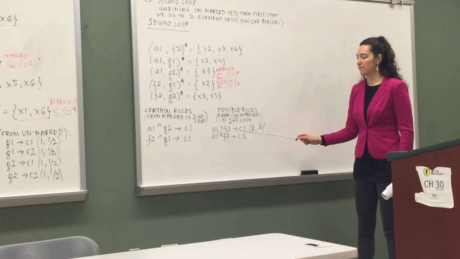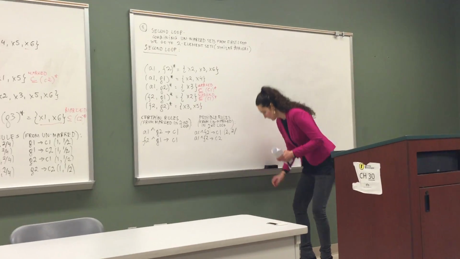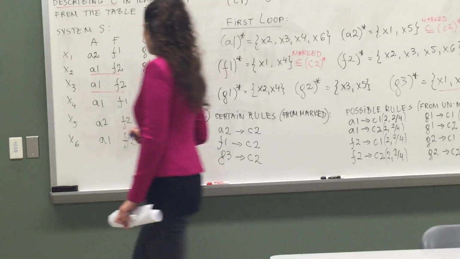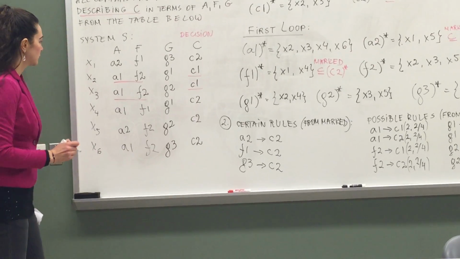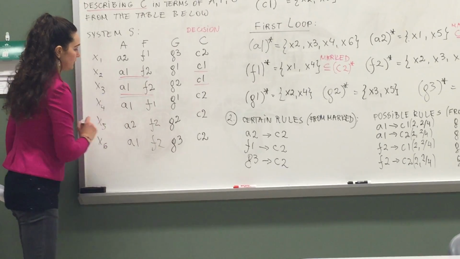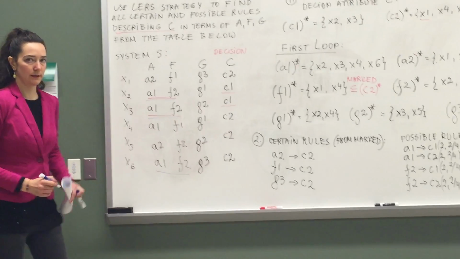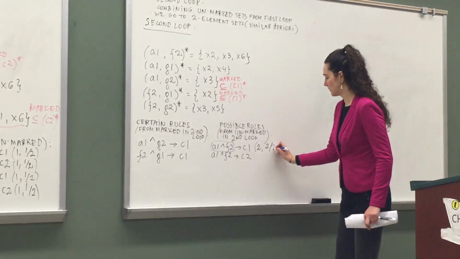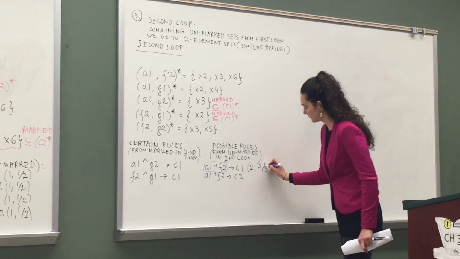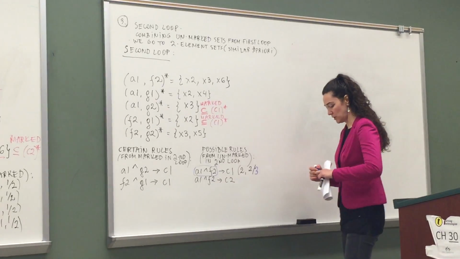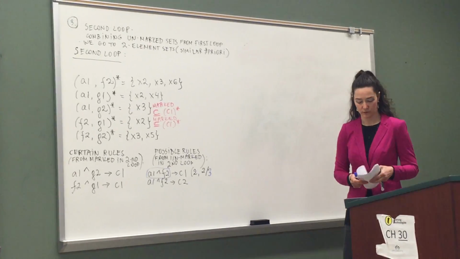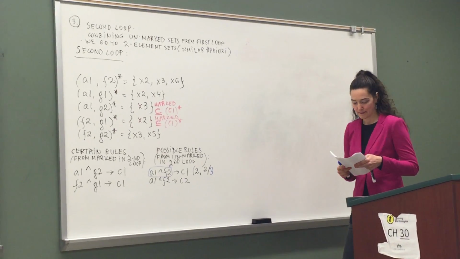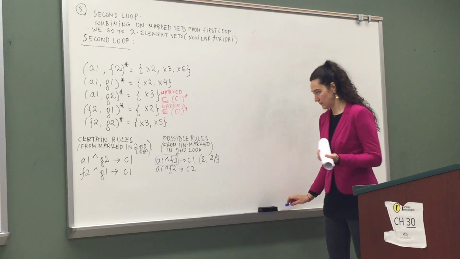How many times we have A1 and F2 together? 3 times. So this is 2 over 3, which is 66%.